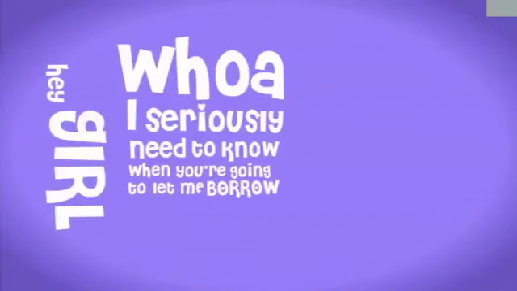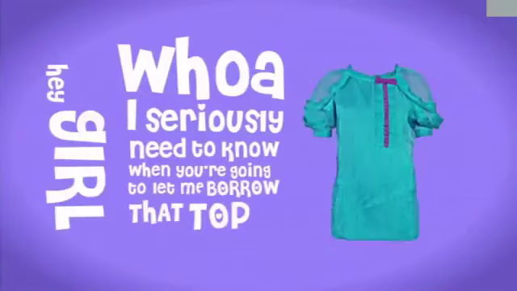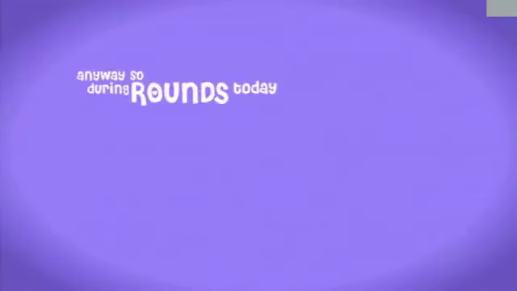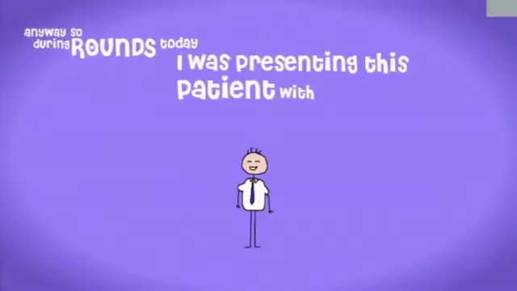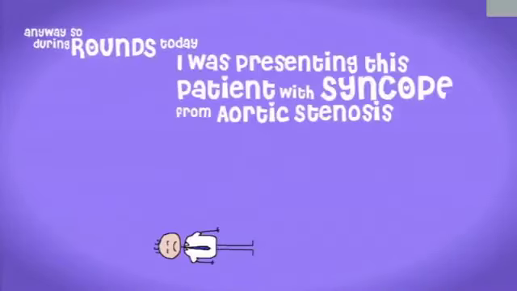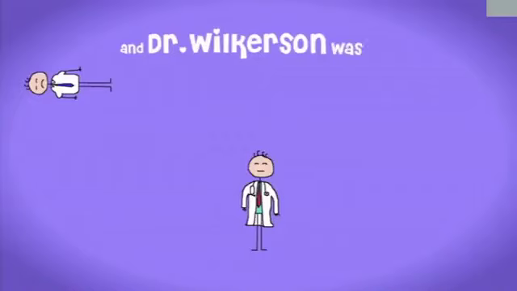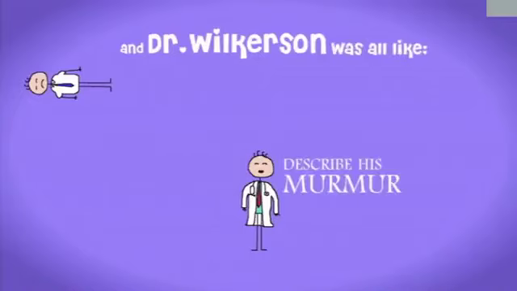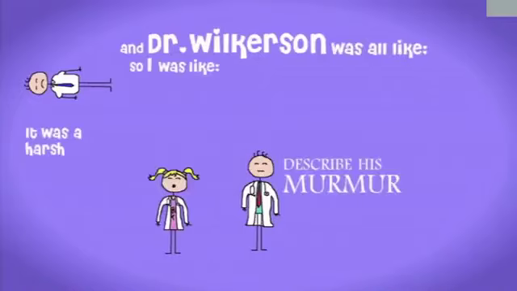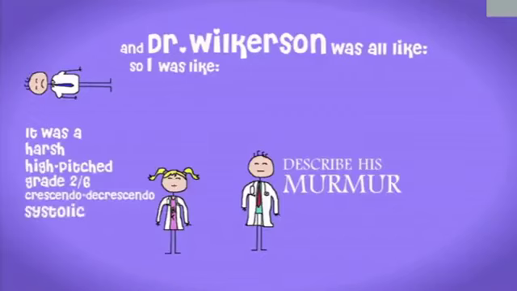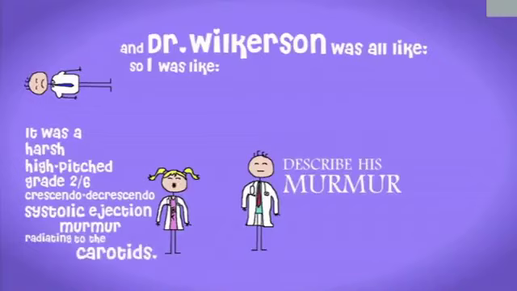Whoa, I seriously need to know when you're going to let me borrow that top. Anyway, so during rounds today, I was presenting this patient with syncope from aortic stenosis, and Dr. Wilkerson was all like, describe his murmur. So I was like, it was a harsh, high-pitched grade 2/6 crescendo, decrescendo, systolic ejection murmur radiating to the carotids.